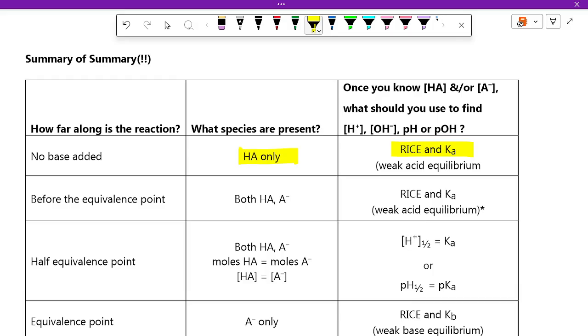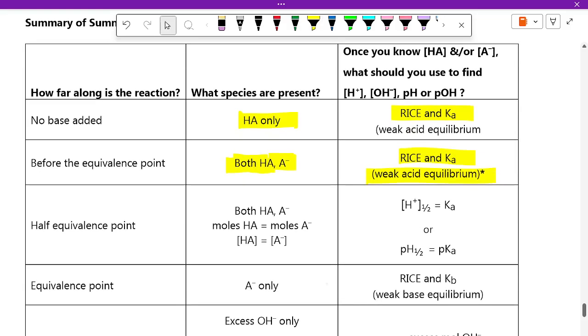Okay. Before the equivalence point, you're going to have some unreacted HA and some has been converted into A minus. So you're going to use RICE and Ka, weak acid equilibrium. At the half equivalence point, you have concentration of HA equal to concentration of A minus, and you will use Ka equal to H plus at the half equivalence point.